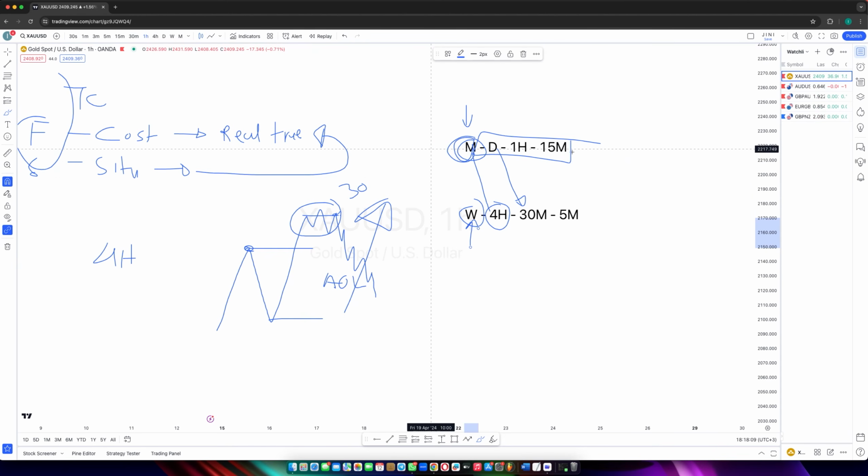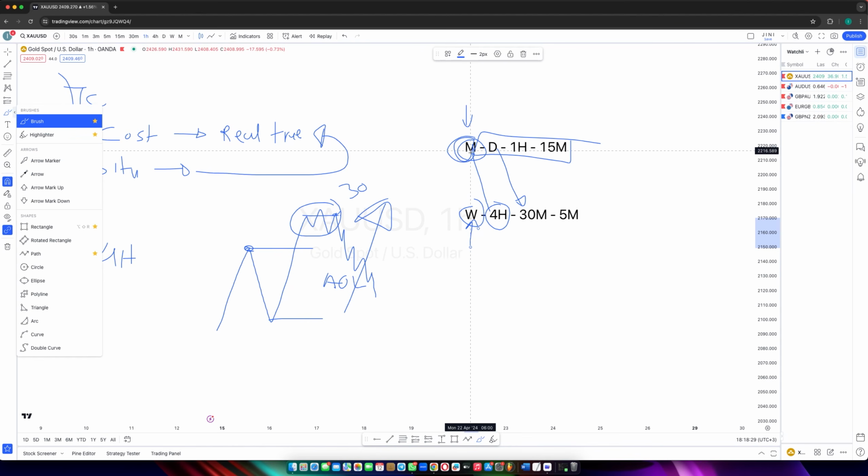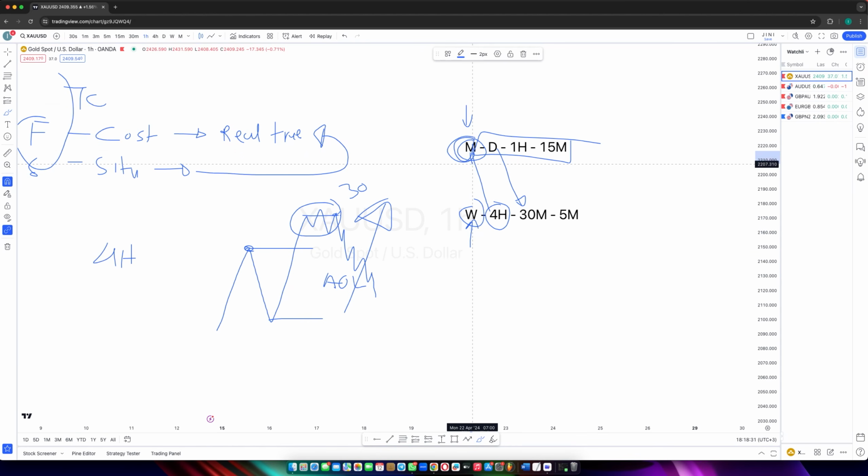You have to break this coordination so that you can get the coordination that will help you to trade these intraday trades. For instance, if you decided to use monthly as your constant, it means daily will act as the situational time frame.